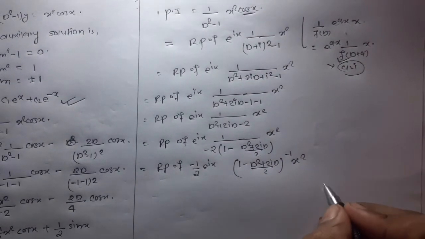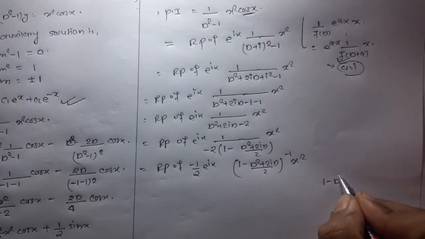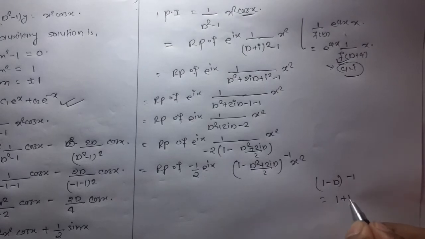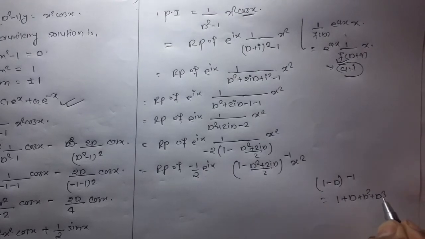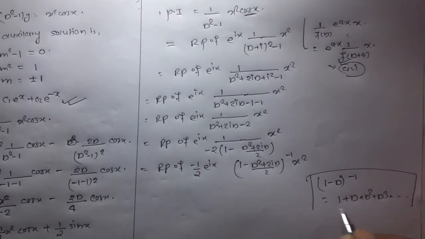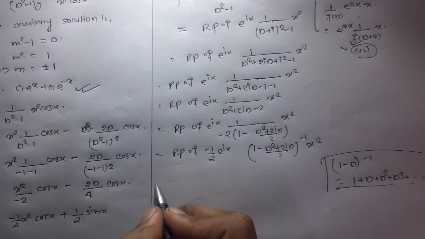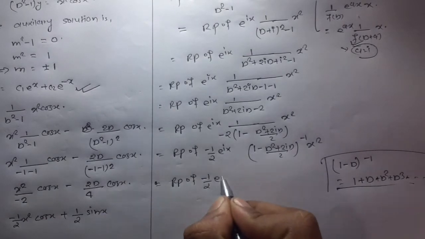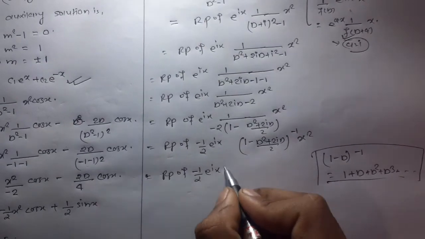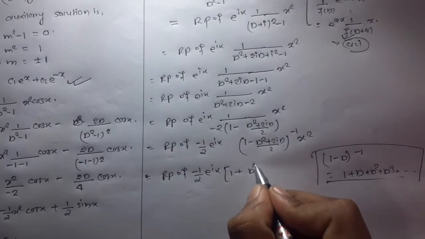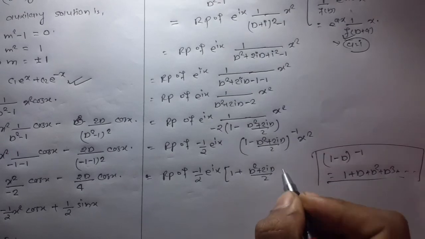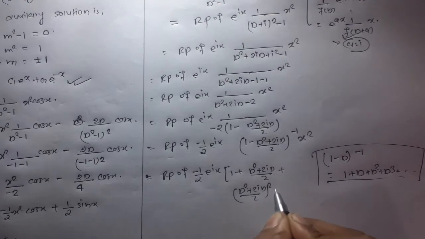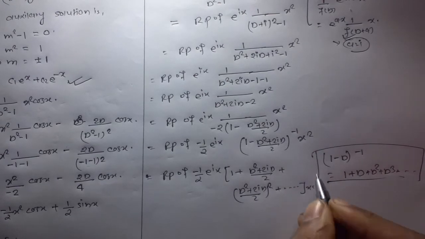Now we know (1 − D)^(−1) = 1 + D + D² + D³ + .... So we simply use this: the real part of −1/2 e^(ix) [1 + (D² + 2iD)/2 + ((D² + 2iD)/2)² + ...] x².